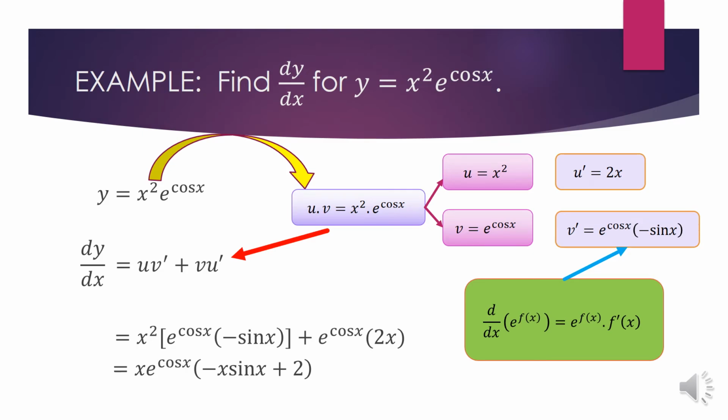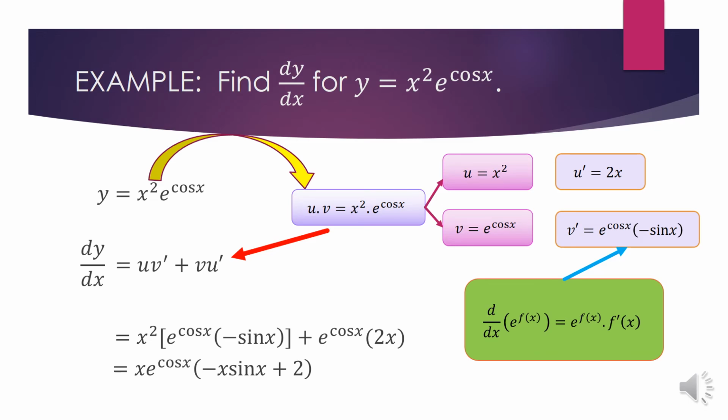After that, by using the product rule formula for differentiation, u v prime plus v u prime, we substitute the u, v, u prime and v prime in the formula, and we get dy/dx is equal to x squared times e cos x times negative sine x plus e cos x times 2x.